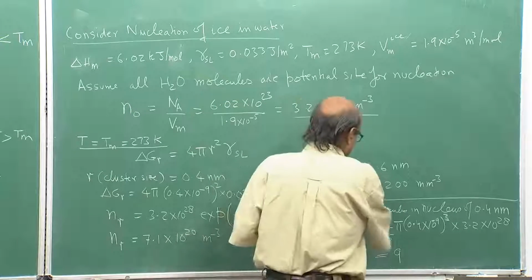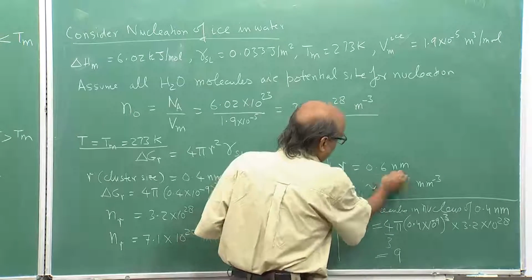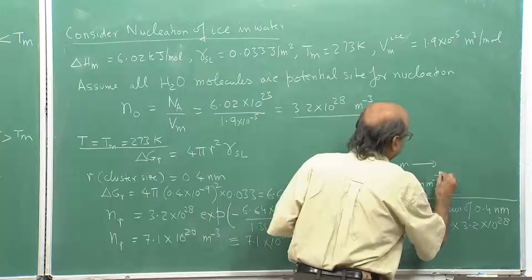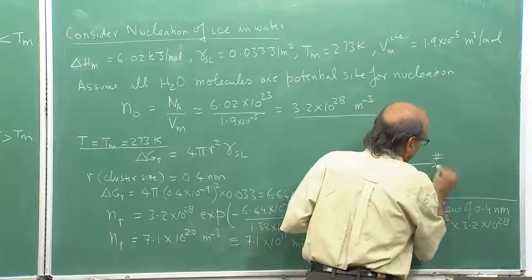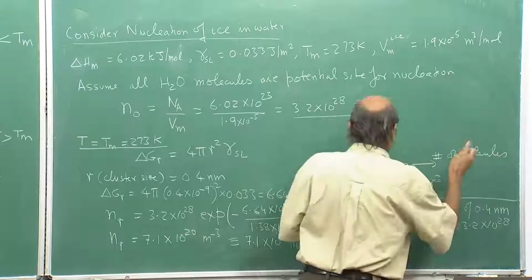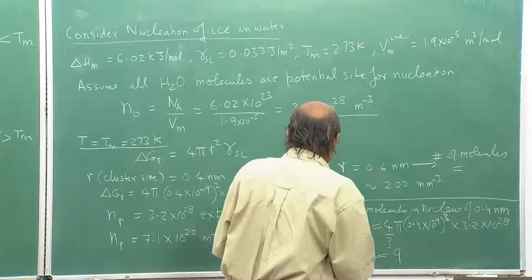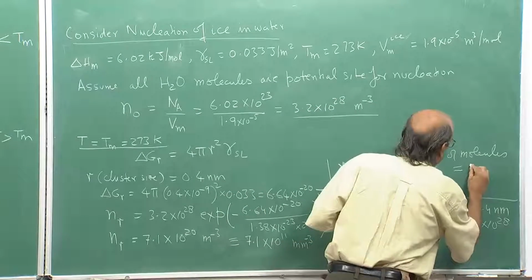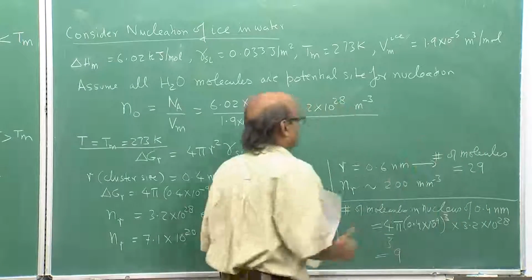If I change the size to 0.6 nanometers, the number of molecules in a nucleus turns out to be of the order of 29.